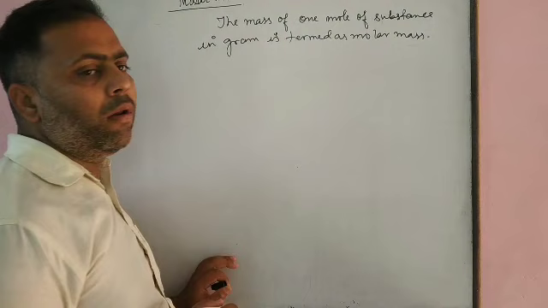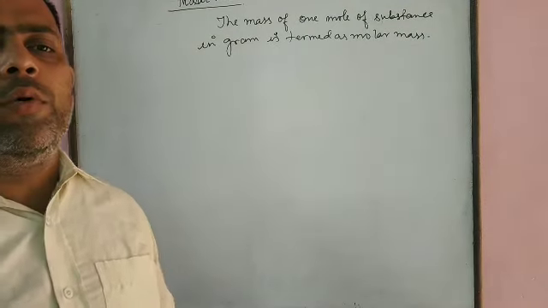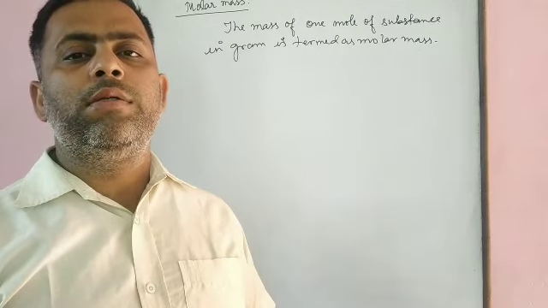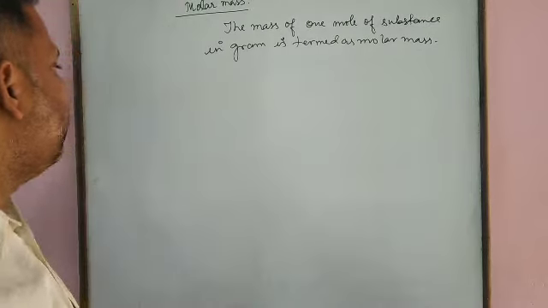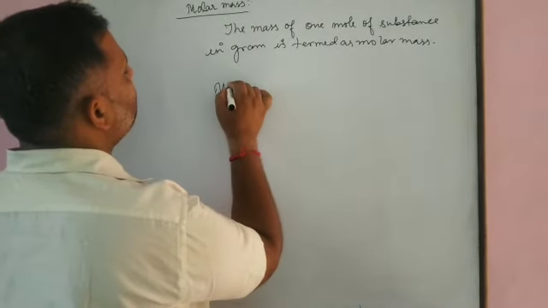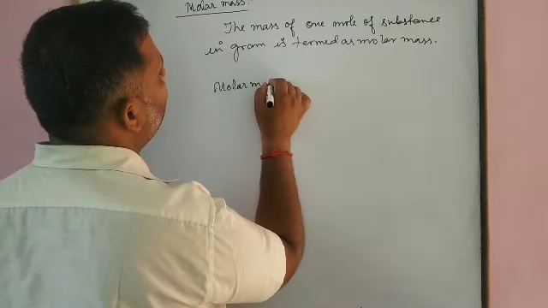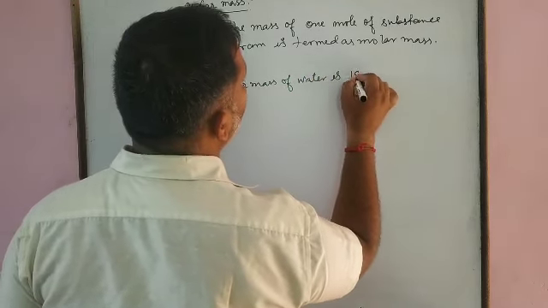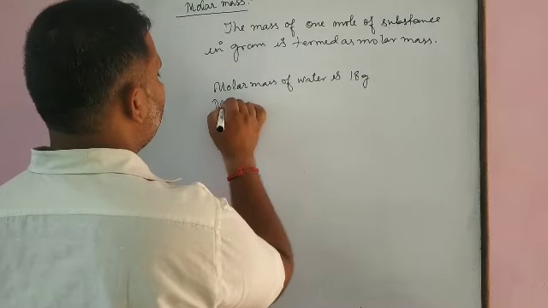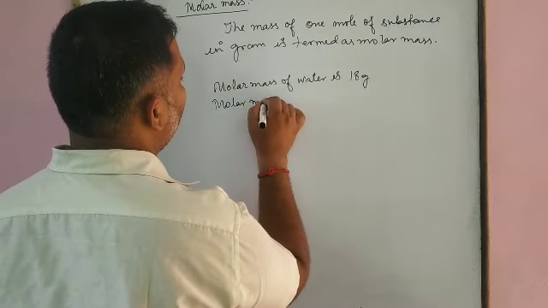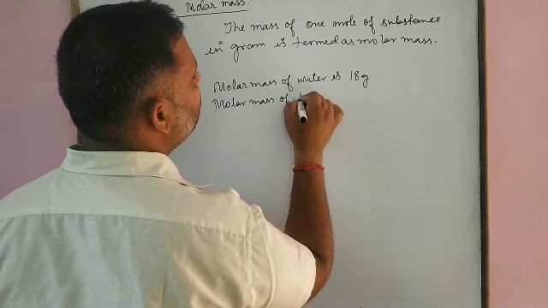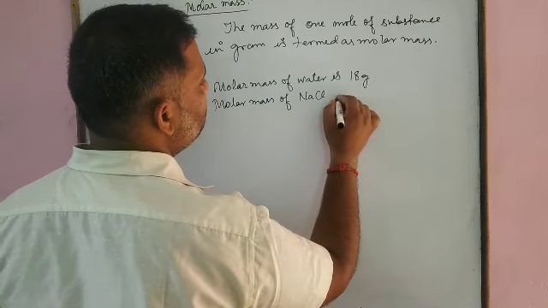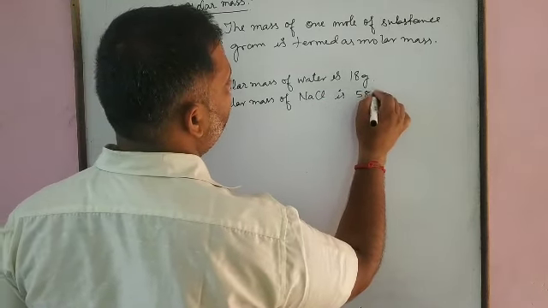For example, let us discuss what is the molar mass of water, what is the molar mass of sodium chloride. The molar mass of water is 18 gram. The molar mass of sodium chloride, NaCl, is 58.5.